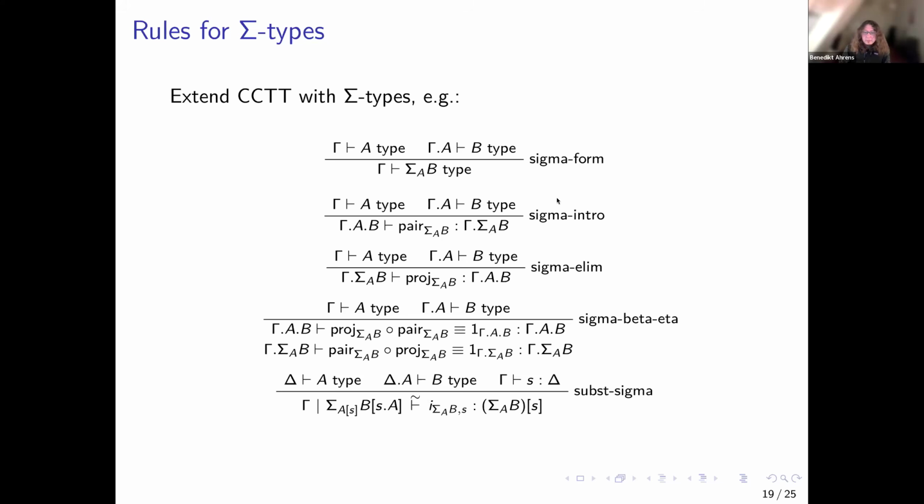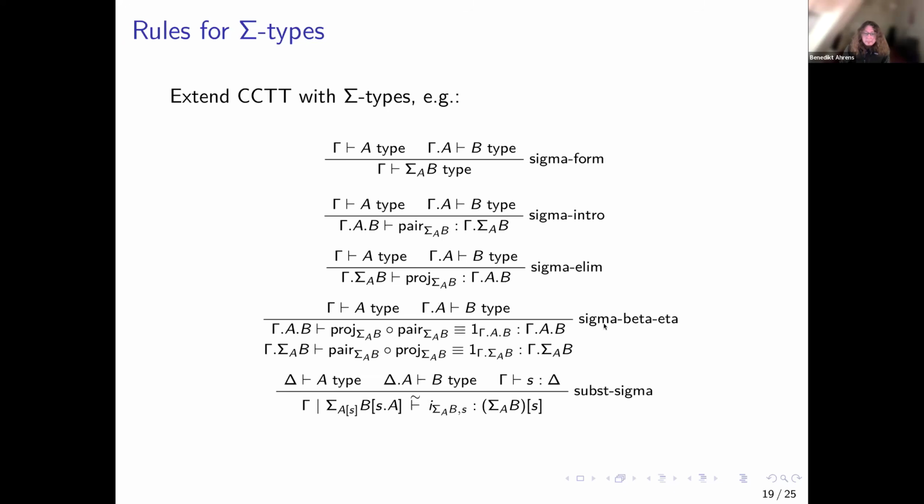That's the introduction rule. And as an elimination rule, we have a context morphism from gamma extended by sigma AB to gamma.A.B that we call projection. So this is phrased in terms of building pairs and taking apart a pair.